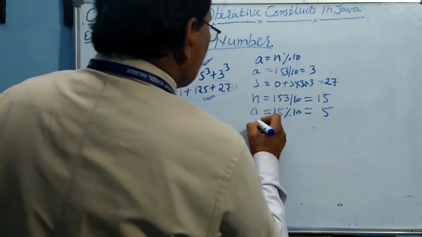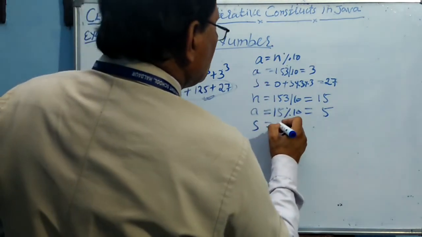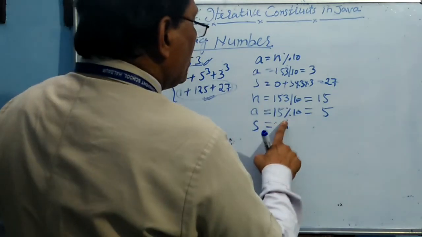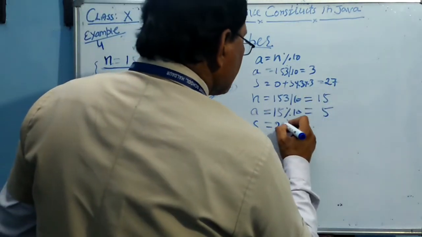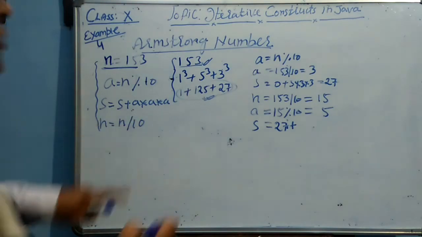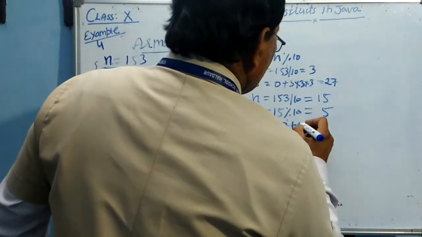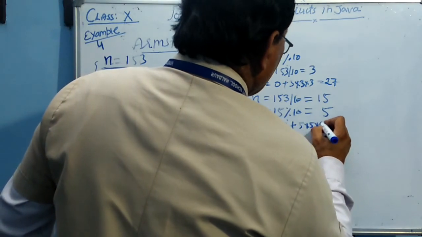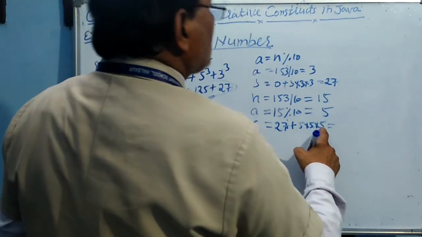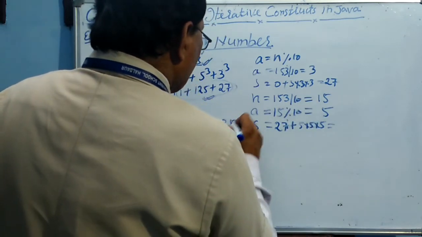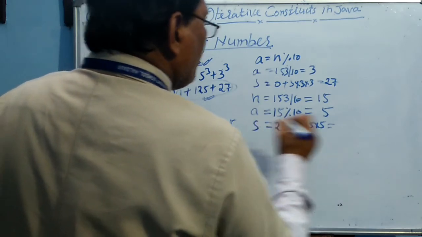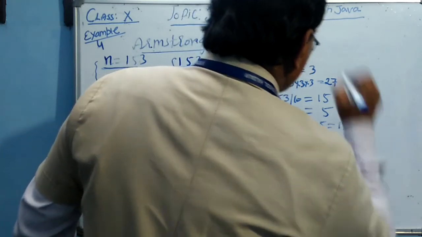After that we have to calculate the value of s. The s value is already given: 27 plus a multiply a multiply a, which is 5 times 5 times 5. 5 5s are 25, 25 5s are 125, and 125 plus 27 is 152. Clear?